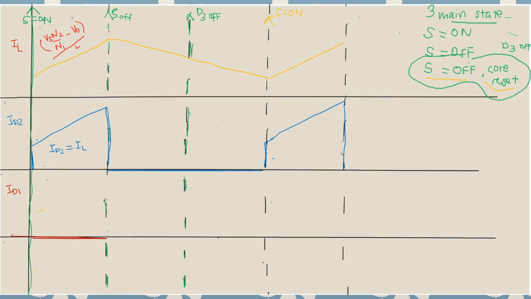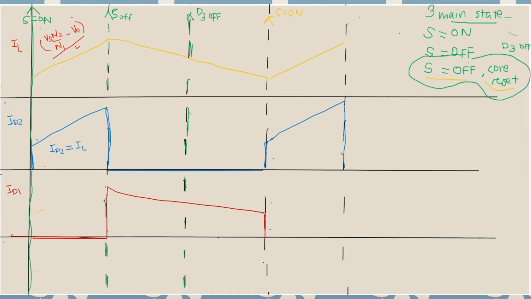But when the switch starts to turn off, what will happen to ID1? It will start to turn on, all the way when the switch is off, even during the D3 off.